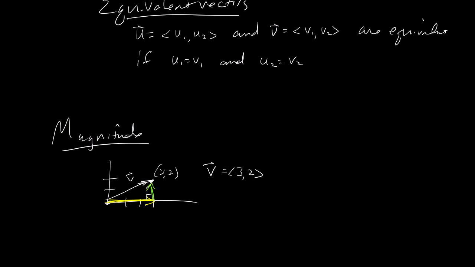Therefore, they form a right triangle when we draw them in. So now we have a right triangle. My right triangle looks something like this. 3 is the horizontal leg, 2 is the magnitude of the vertical leg, and the hypotenuse here we can calculate using the Pythagorean theorem. This is going to be the magnitude of vector v.